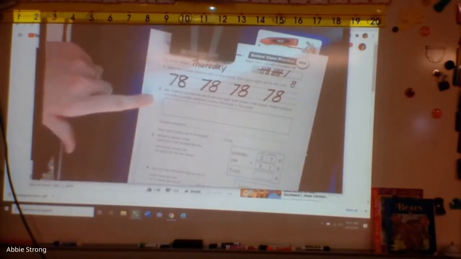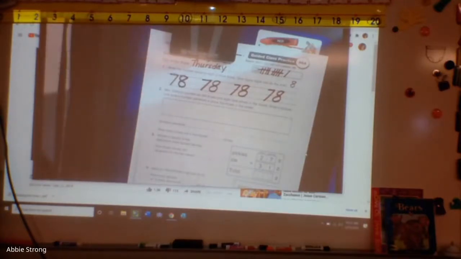All right, look at number 2. It says Mrs. Deach counted 6 red shoes and 8 blue shoes in the closet. Draw a picture and write a number sentence to show the shoes in the closet. So we're going to start with red. So find your red crayon. We need to draw 6 red shoes.